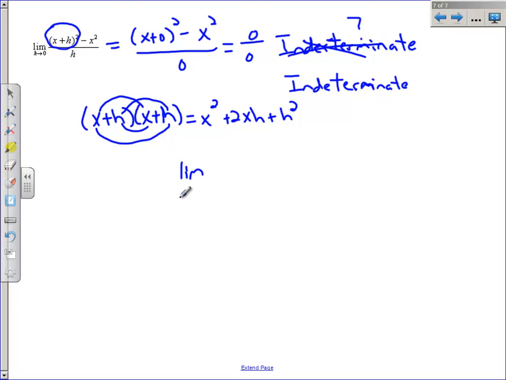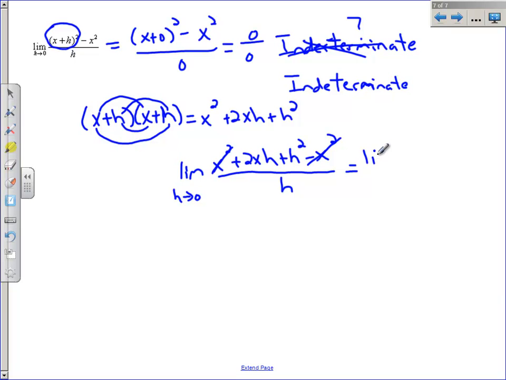So I've got limit as h approaches 0 of x squared plus 2xh plus h squared. And then I still have the minus x squared, and this is all over h. So let's see if anything cancels. Oh, looky here. That cancels with that. So I have the limit as h approaches 0 of 2xh plus h squared all over h.